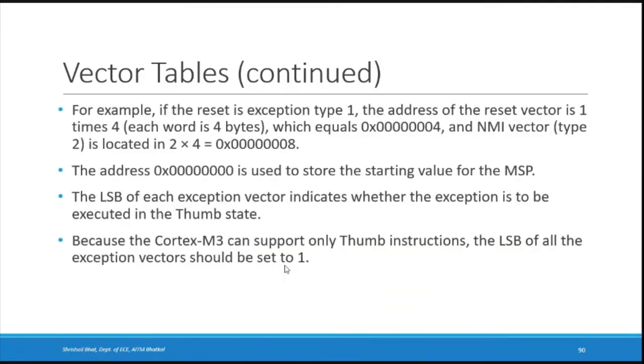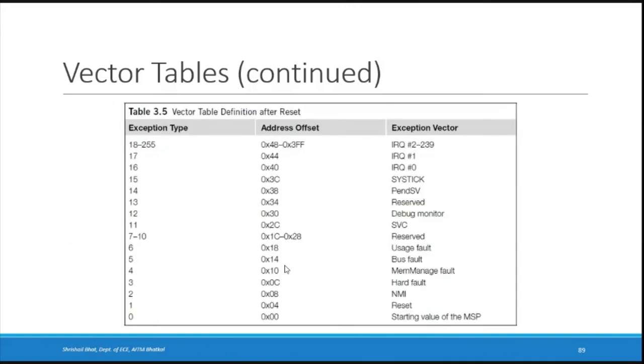Reset is exception type 1. The address of the reset vector is 1 times 4, which equals 00004. And NMI is type 2, right? Its starting address is at 2 into 4, that is 8, at address 8. Suppose interrupt request type number 0 happens, then its exception type is 16.